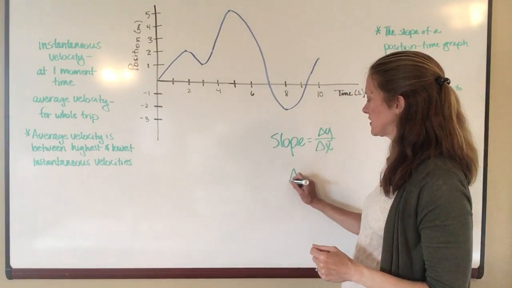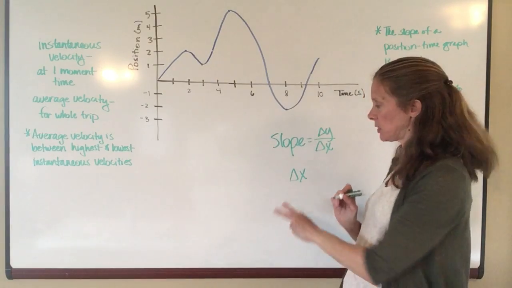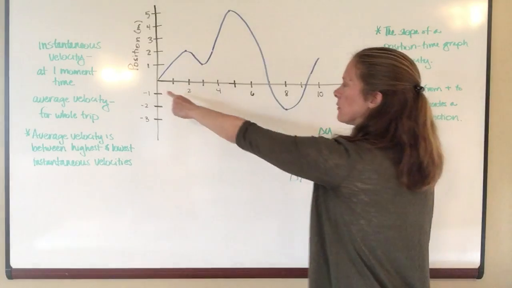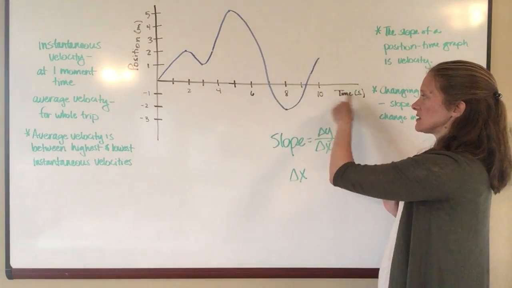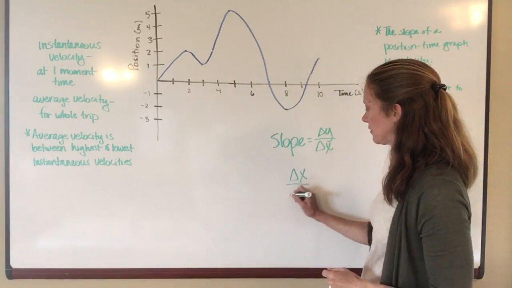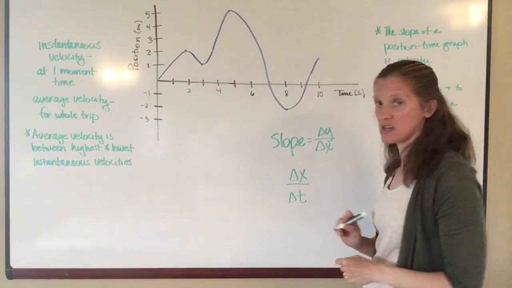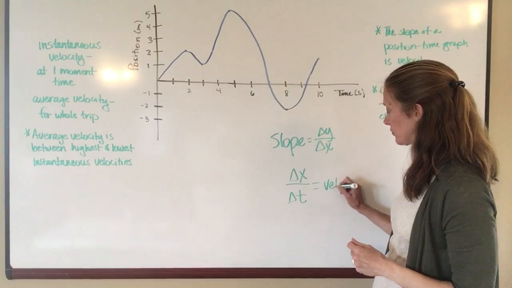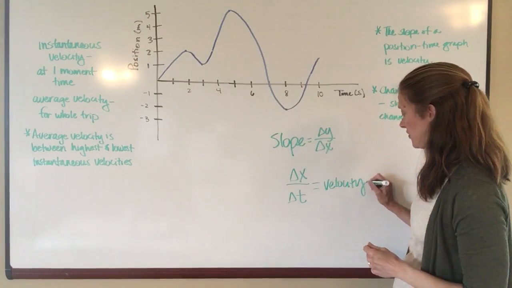Change in position, or displacement, we've defined that before as delta x. And my x-axis is a change in time. So I have delta x over delta t. That should look familiar because delta x over delta t is velocity, or v.